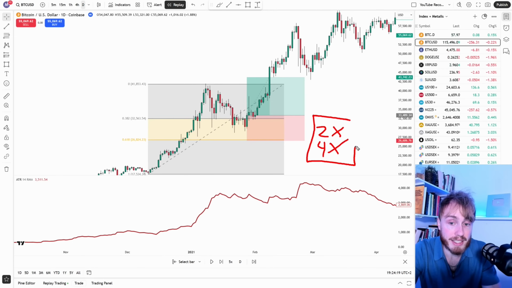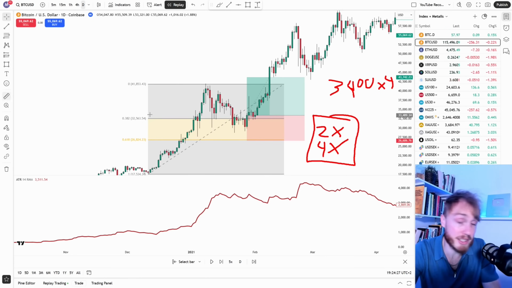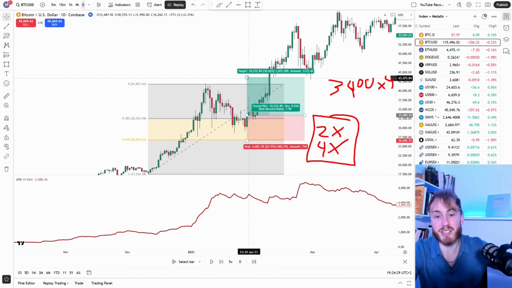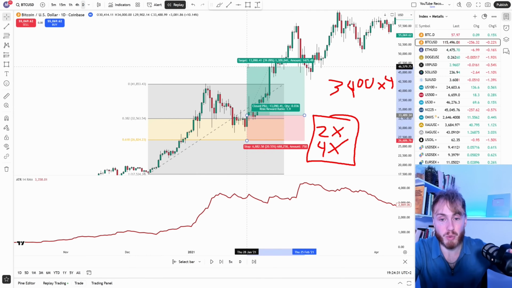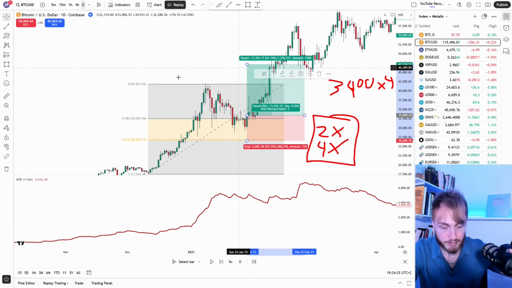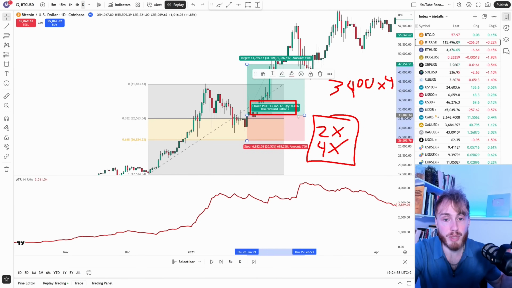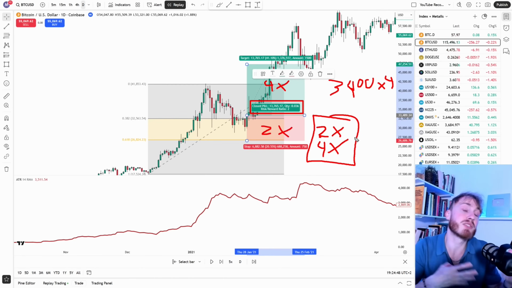This you can either calculate on your own, so you take 3,400 times 4, or a much simpler method is to simply use a risk to reward ratio of 2. Because with a risk to reward ratio of 2, this will automatically mean that this is 4x the ATR. I hope this makes sense, because this area right here is 2x. It means that if we double that area right here, it's 4x.